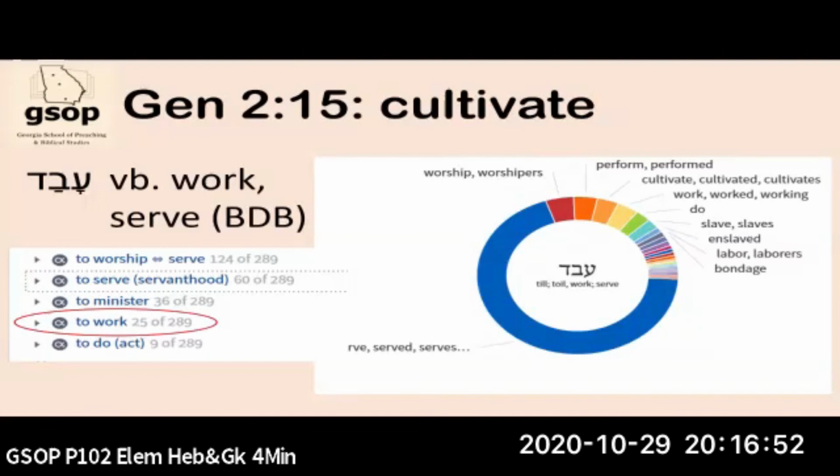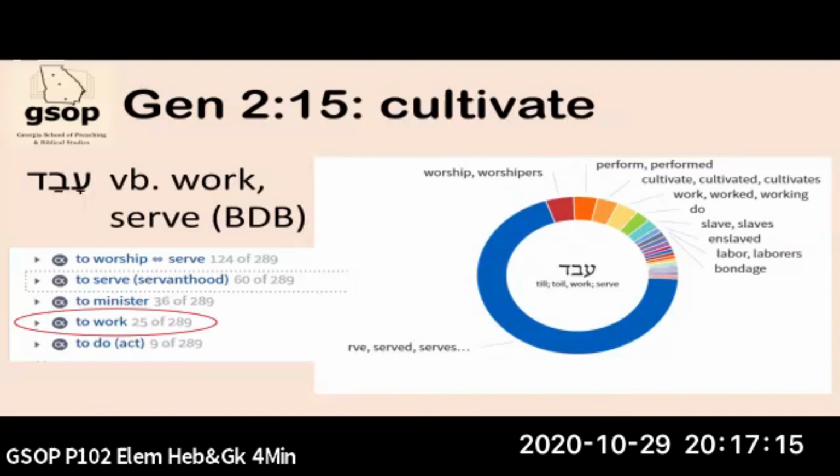Or 36 of the times refer to minister, and 25 to work, and 9 times to do or to act, and there's some others I didn't pull up. Our passage, Genesis chapter 2 and verse 15, is literally to work.